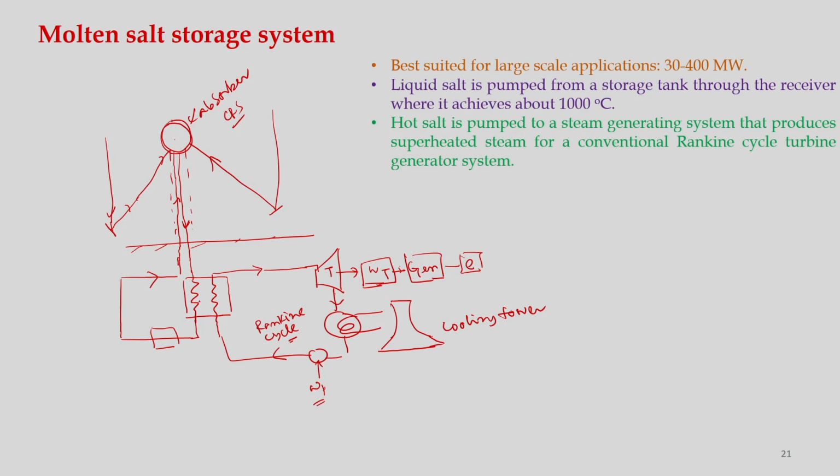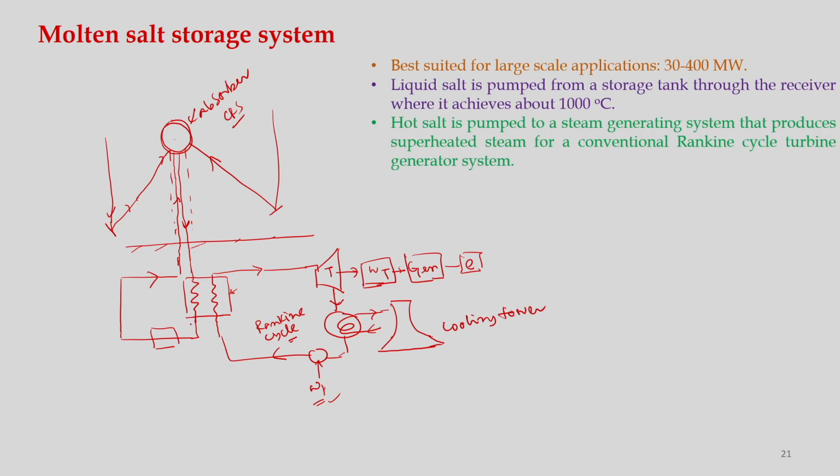Water flows and carries the heat developed here, and this is something like our boiler. Steam will be generated, which will be expanded in the turbine, and electricity will be generated by this generator, and then the heat has to be rejected. Low temperature water will come here, and a condenser will cool the fluid, and it has to be pumped back by this pump.